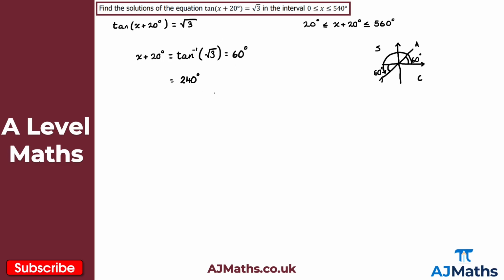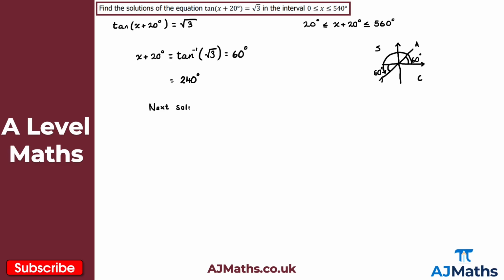So we go back to the first solution, 60 degrees. If I add 180 to that, that gives me the 240, so that's fine. We've then got 240 degrees, so if I add 180 to that, that would give me 420 degrees.